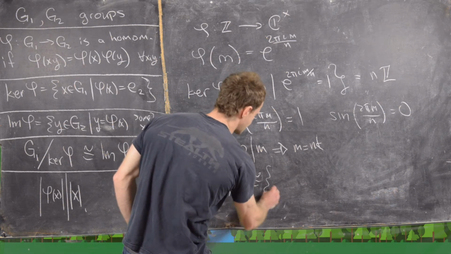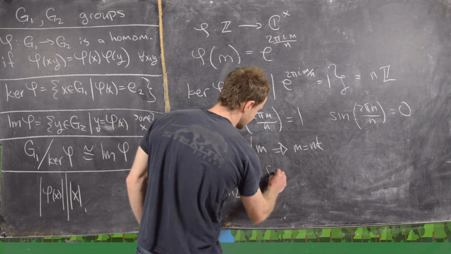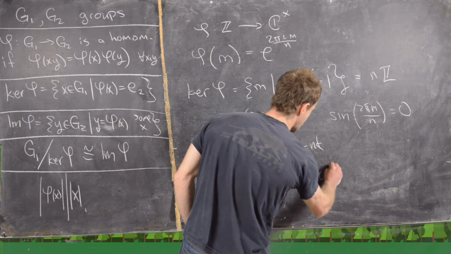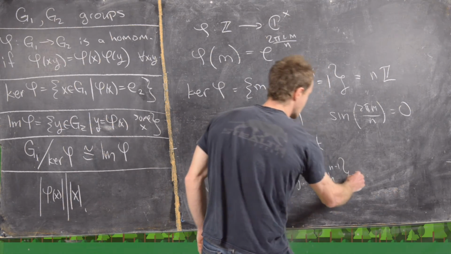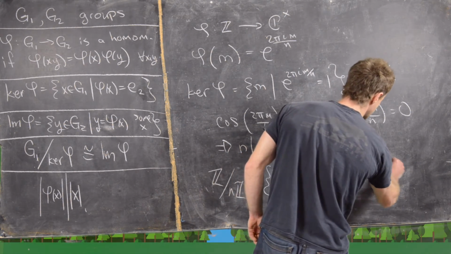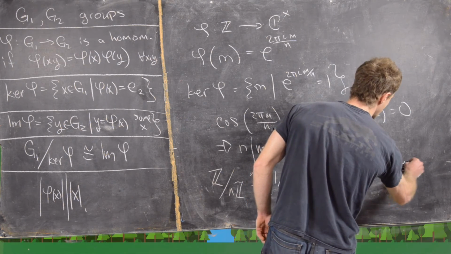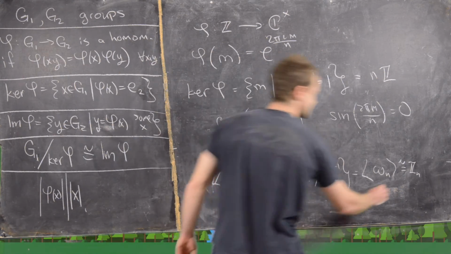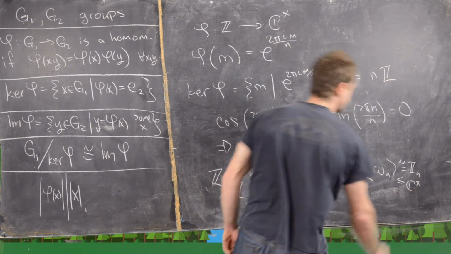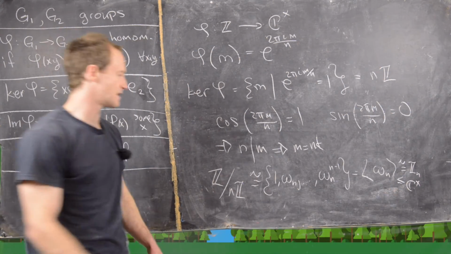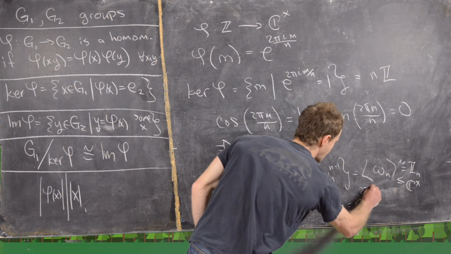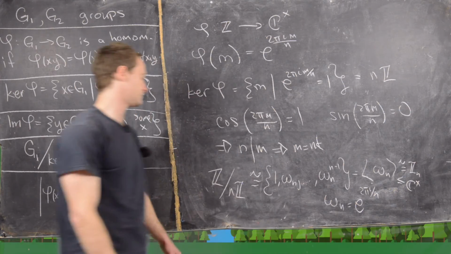So notice we could write this in the following way: this is equal to 1, omega n, all the way up to omega n to the n minus 1. In other words, the cyclic subgroup generated by omega n, which is isomorphic to Z n, which is inside of this group of non-zero complex numbers, where we're letting omega n be e to the 2 pi i over n.